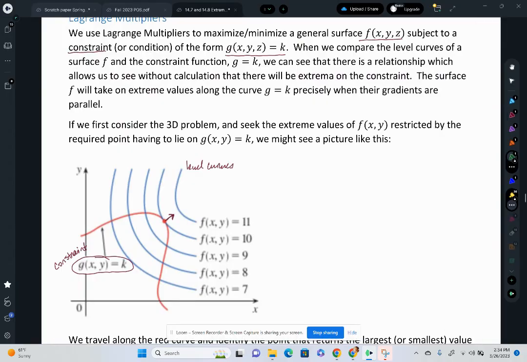The opposite of this would be, let's say I pick some other point, I'm going to look at another intersection point here. Okay.